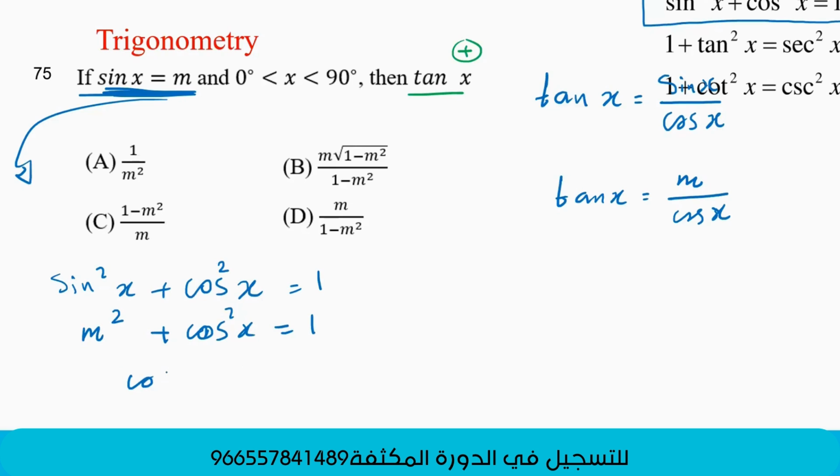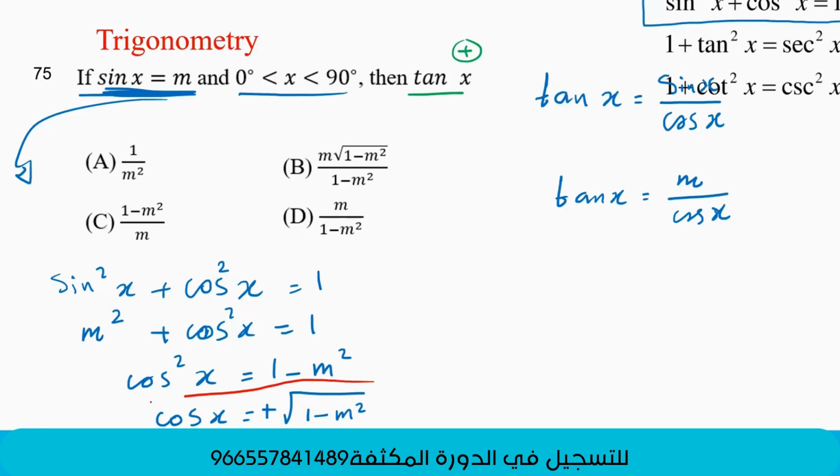So this means cosine squared x is equal to 1 minus m squared. If I take the square root of both sides, cosine x is going to be the square root of 1 minus m squared. And this is going to be positive because we're working in the first quadrant, so I don't have to worry. Are we good?